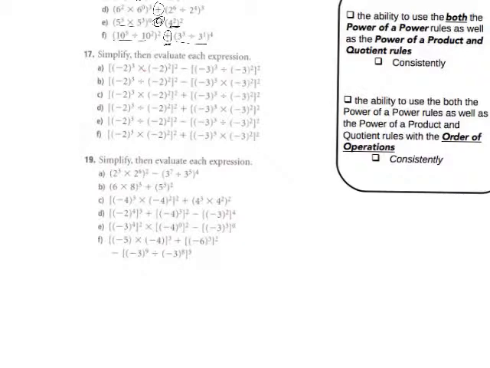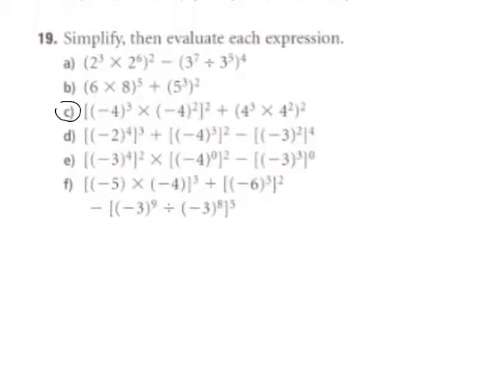Let's look at number 19. Again, we're combining all this together, so it does get quite confusing. It's understandable if you're confused. Let's look at C. Okay, we're going to move all this up. So I'll rewrite this question after I've distributed. I'm going to distribute the 2 in, and then I'm going to distribute this power in, and then rewrite the question.